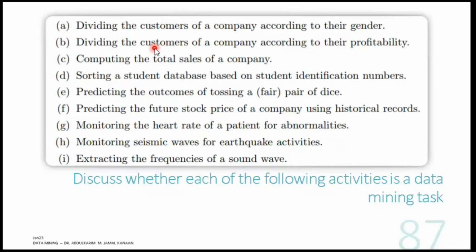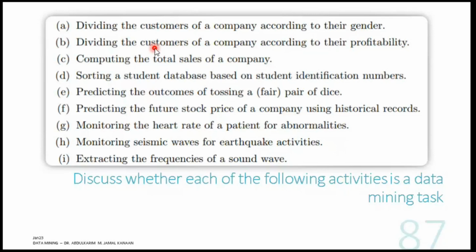Or maybe I need to sort them based on their ID, maybe in ascending order or descending order, whatever. Does it require data mining? Doesn't require data mining, right? Just you can write simple query, select from student table, right? Sort by ID, ascending, done, correct? So this one doesn't require data mining.